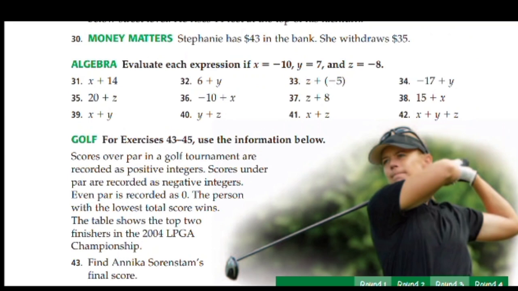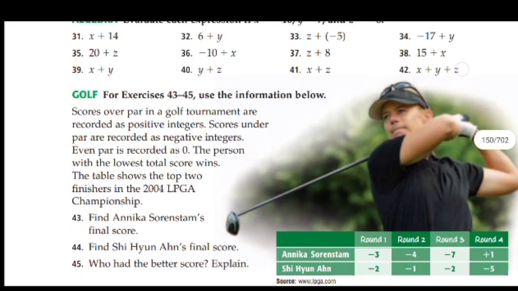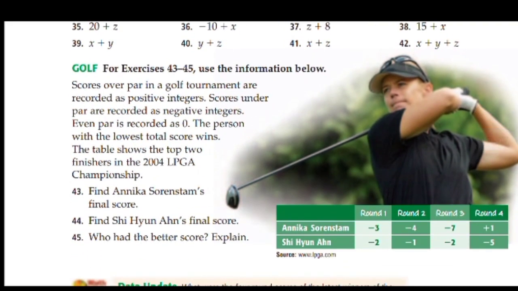Go for exercises 43 through 45. Use the information below. Scores of the par in a golf tournament are recorded as positive integers. Scores under par are recorded as negative integers.